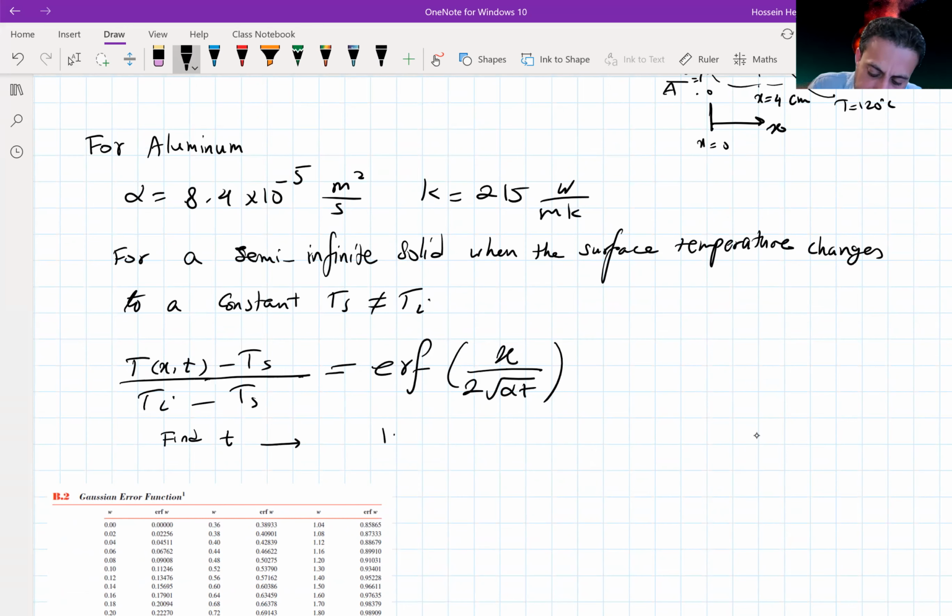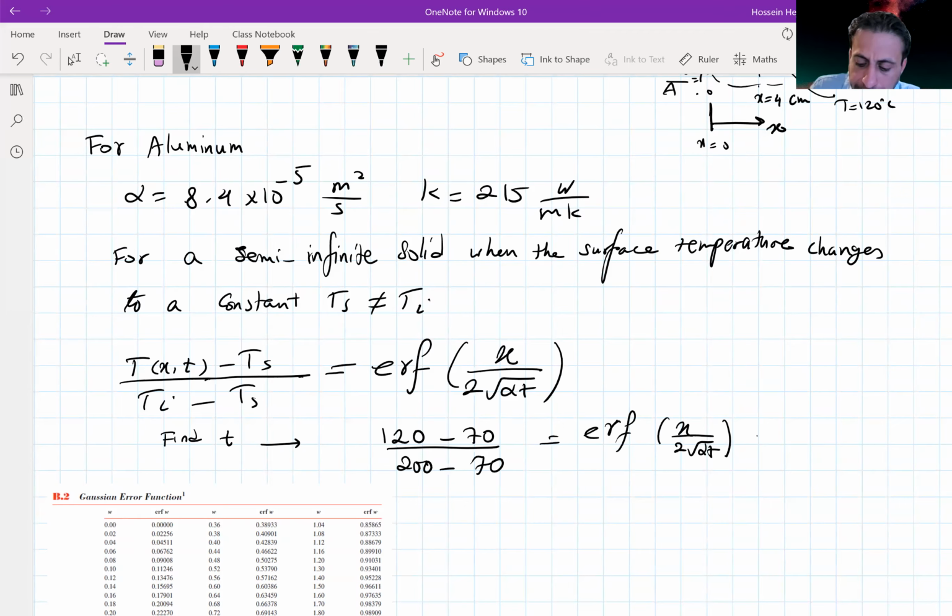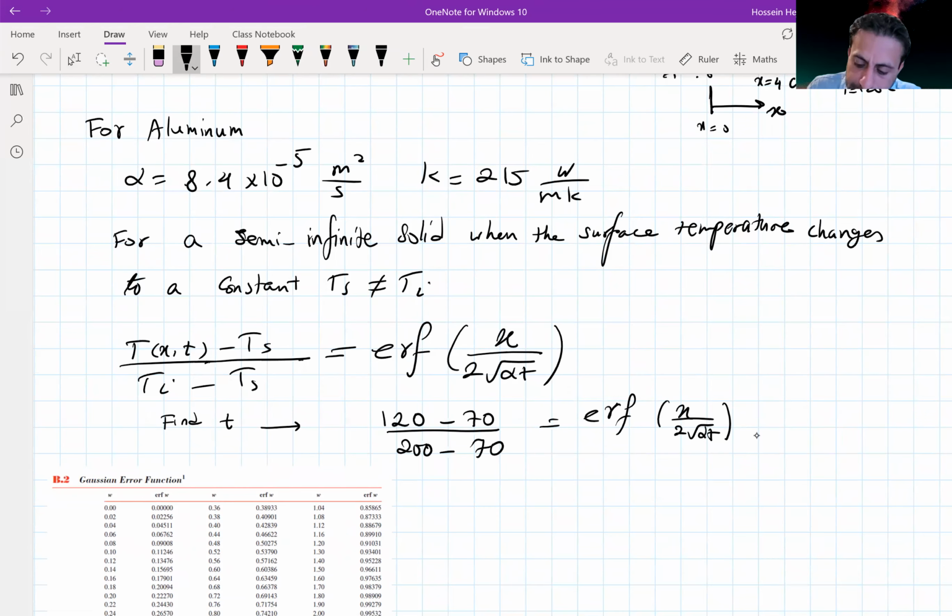From here, we find t. This temperature is going to reach 120 degrees minus 70, divided by the initial temperature 200 minus 70, which is the error function of x over 2 square root of alpha t. This ratio is going to be 0.3846.